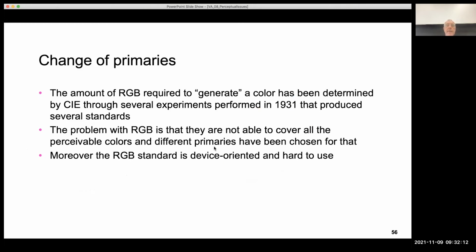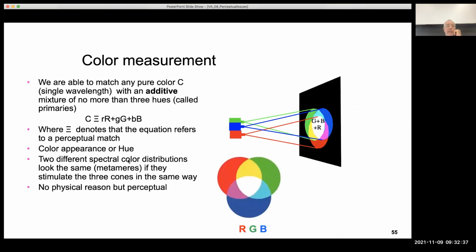And again, this French Commission studied, a long time ago, in 1931, very close to 100 years ago, the quantity of RGB that is needed to generate this metamer. A metamer is a stimulus, a perception.